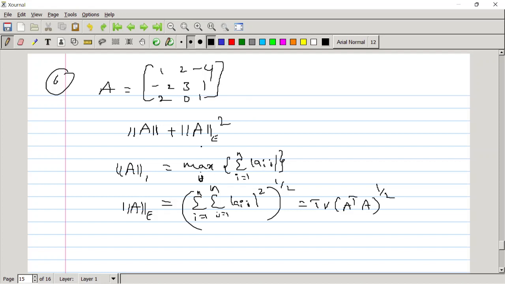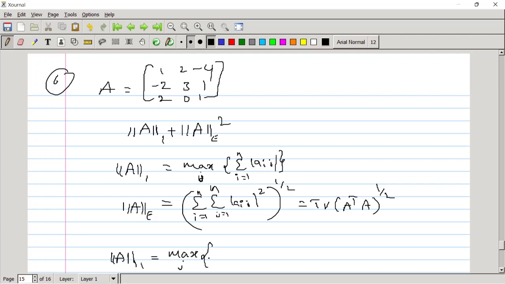So the first norm A1 is nothing but the maximum of the modulus of elements in each column. The elements in the first column are 1, minus 2 and 2.